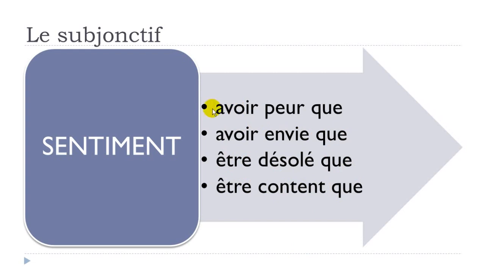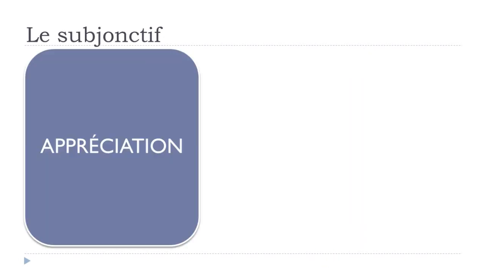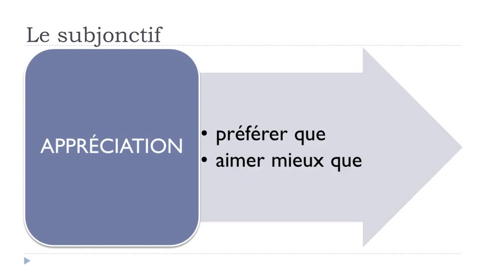Okay, all right. For these structures, you should use a subjonctif after. So they should be followed by une forme subjonctive. Okay, and then let's see une appréciation. For instance, we could have préférer que, to prefer, aimer mieux que, mieux is better, to like or to love better that, and these structures should be followed by une forme subjonctive.